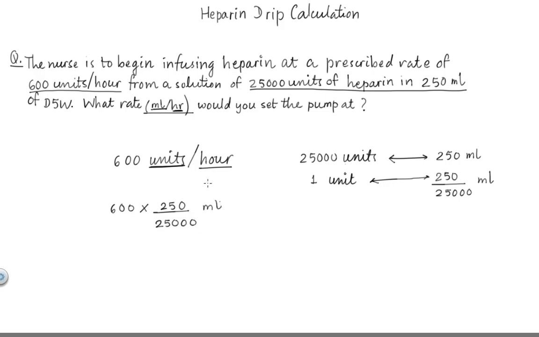Now this is milliliter. We converted units into milliliter by multiplying by this, and per hour is per hour. We don't have to change the time.